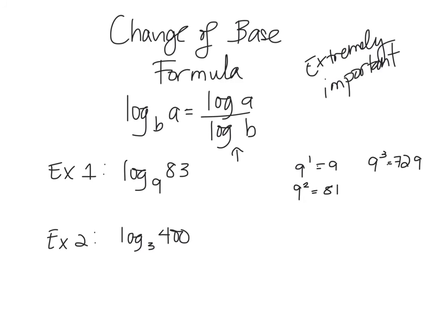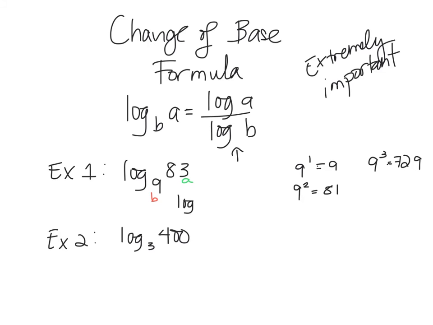So it's not 1, 2, or 3. But most likely it's between 2 and 3. It's probably a little bit higher than 2. But we don't want to guess. So we're going to put this in the calculator. And the way we do this, and you have a calculator on Alex, we're going to show you in the next video. So I'm going to go over some examples. We have log, this is my b, this is my a.